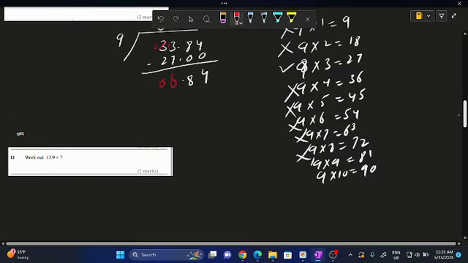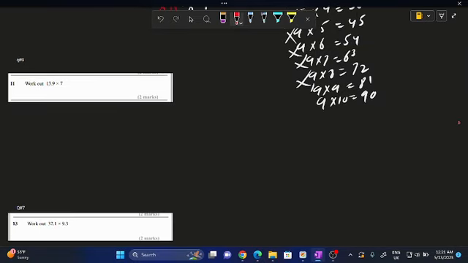Next is the multiplication of decimals, that is 13.9 times 7. So 9 times 7 is actually 63.